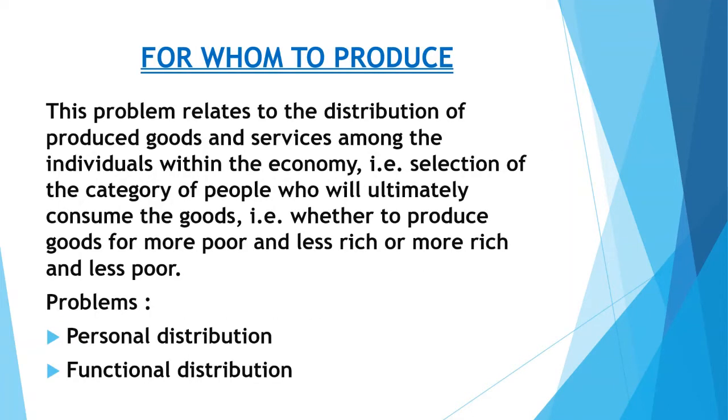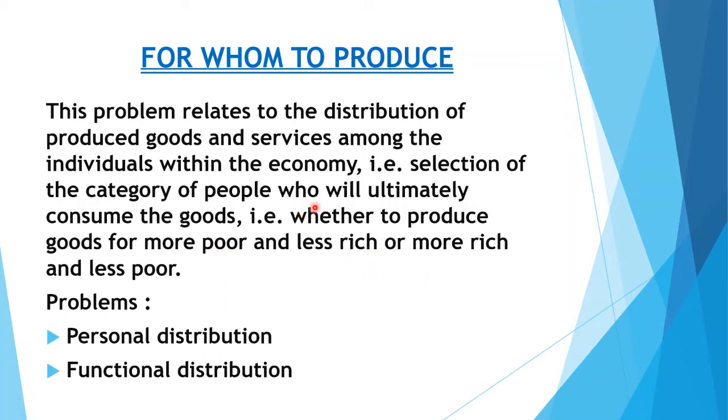Next, we come under the heading for whom to produce. Owing to limited resources, an economy cannot produce goods for all sections of the society, isn't it? So, in every economy, we have two sections of society. One is poor and the other is rich.